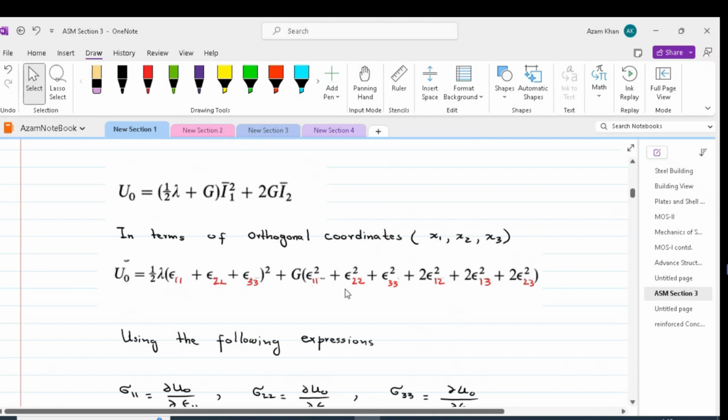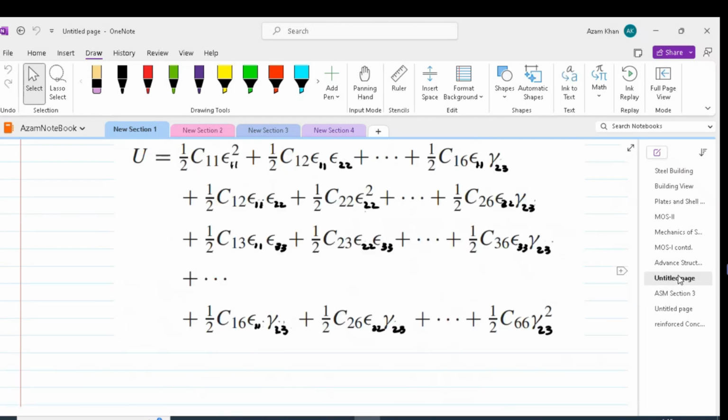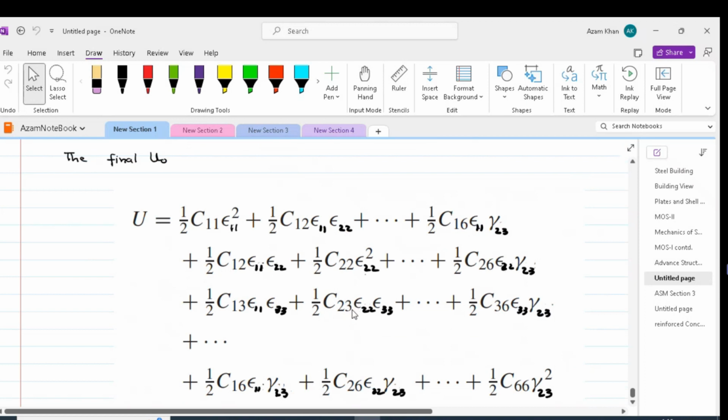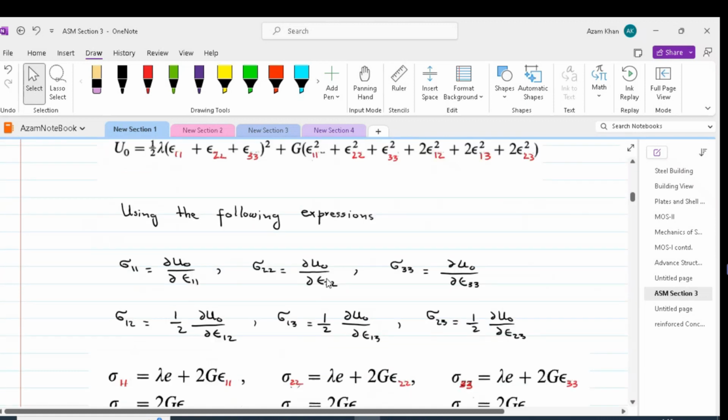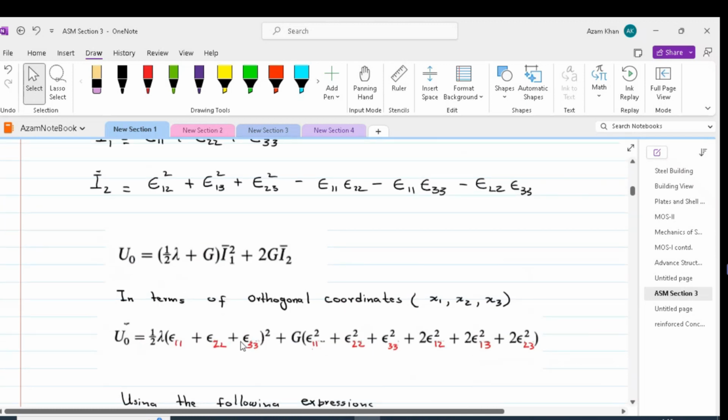So in this strain energy density equation, we have the shear components also appearing. That means it's not with respect to the principal direction. So it's the same equation as discussed previously, and we have written it as it is and introduced the constants lambda equal to C2 and G equal to (C1 minus C2) by 2. So they introduced the Lamé constants, and that makes this strain energy equation exclusive for isotropic elastic material.